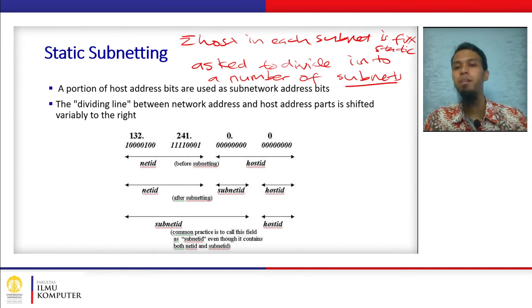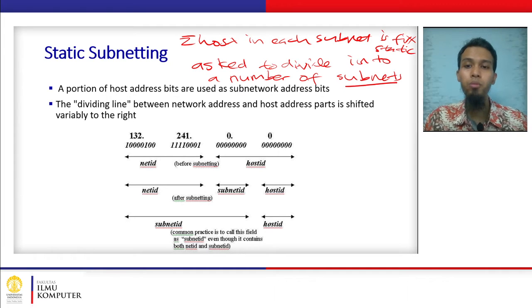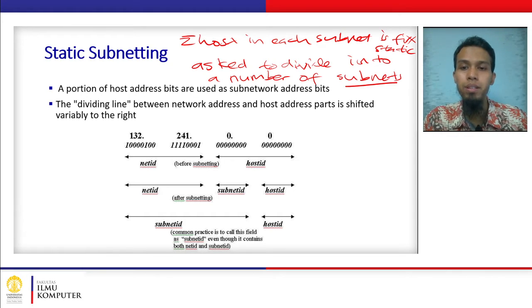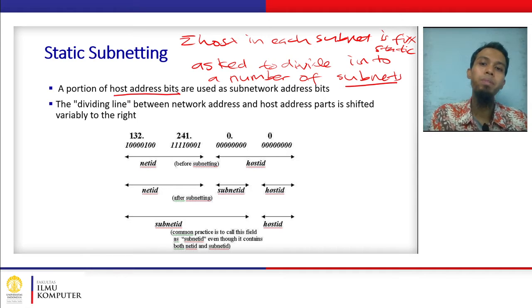All right, so let's say we are given one network address, and then we have the net ID, or the network part, and the host part. We will use the host part: the host address bits will be used as subnetwork address bits.